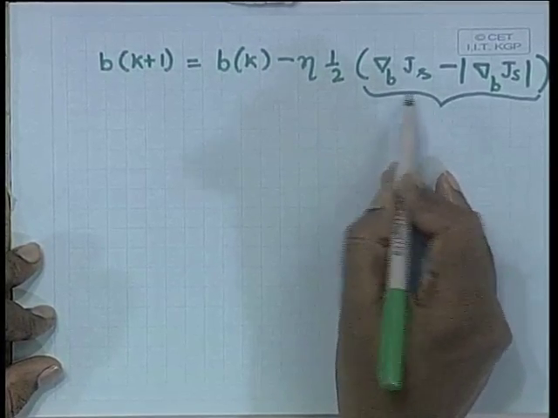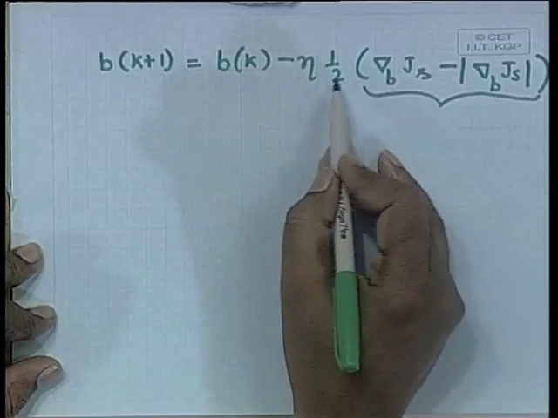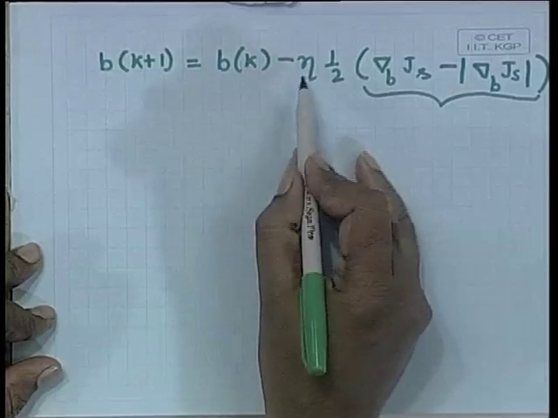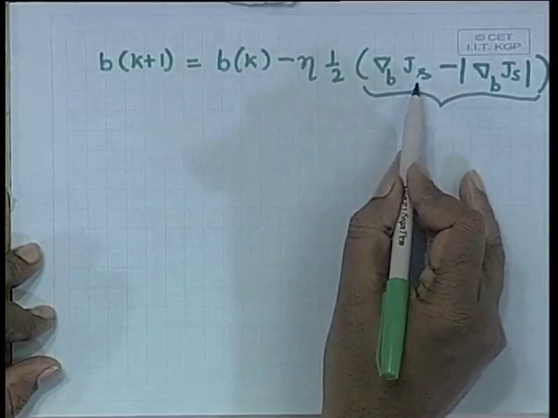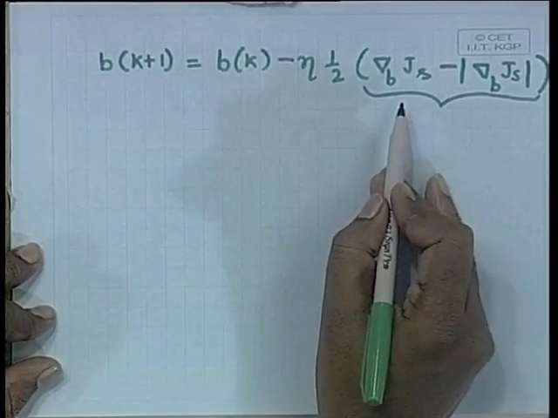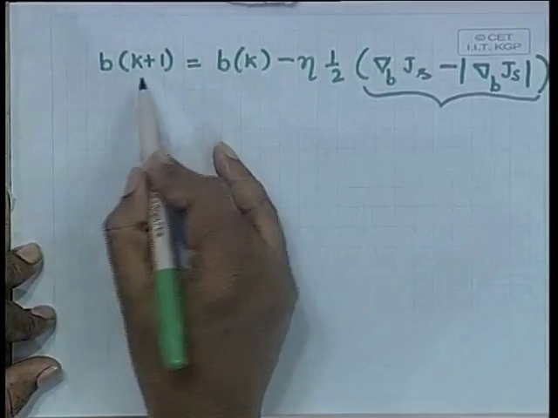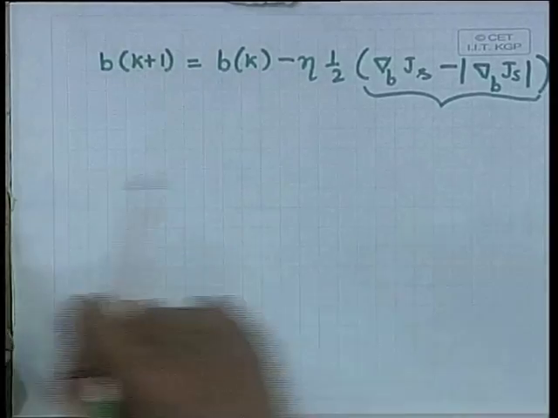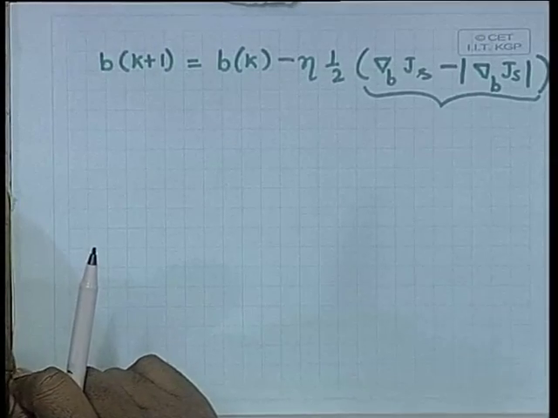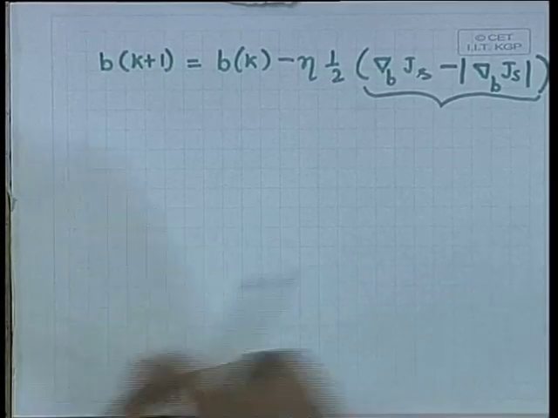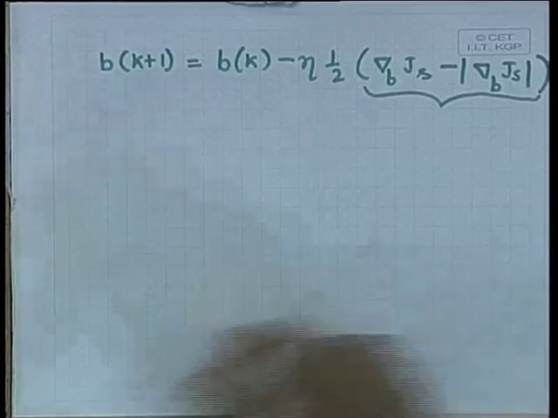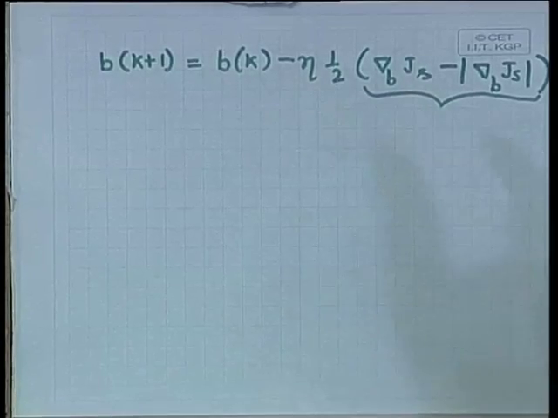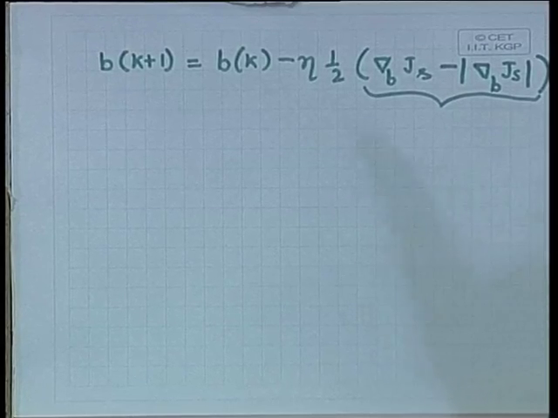To nullify this factor 2, you incorporate this half, and since both terms are negative, overall you get a positive term. Effectively, to obtain b(k+1) from b(k), I am adding a quantity, not subtracting any quantity. That ensures that b(k+1) can be at most greater than b(k).